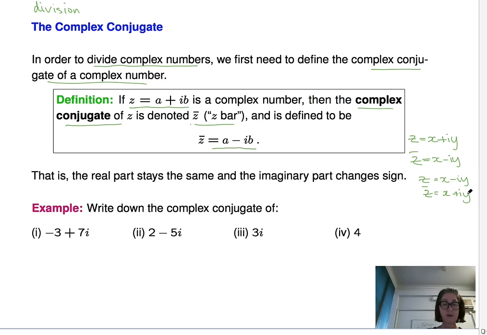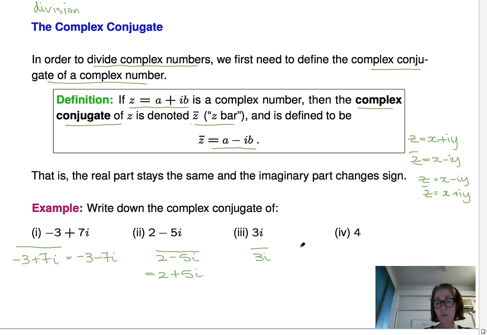So let's do a couple of simple examples. So if this is my complex number, then if I take the conjugate of that, the real part stays the same, but the sign changes on the imaginary part. In the second example, if I take z bar, the real part stays the same, but the sign changes on the imaginary part. What happens if I've just got a purely imaginary complex number?